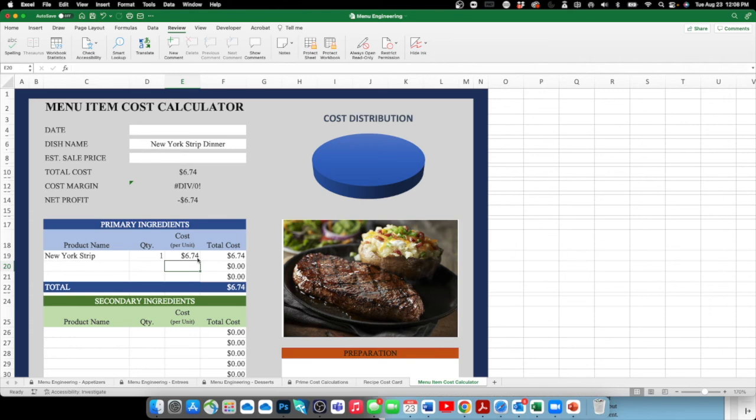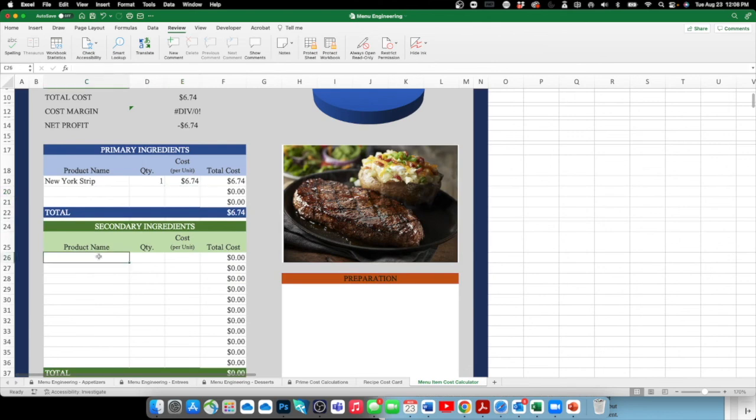That's my primary ingredient. What's my secondary ingredient? We're going to call this loaded baked potato. Quantity is going to be 1. My cost is going to come from a separate sheet.